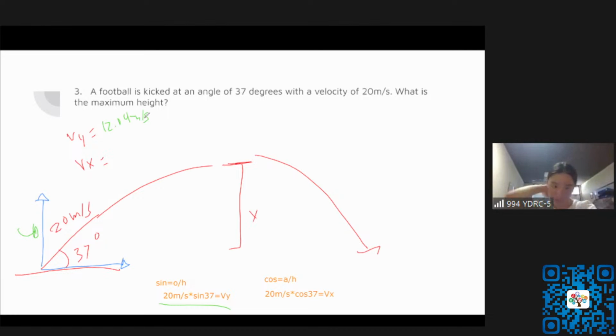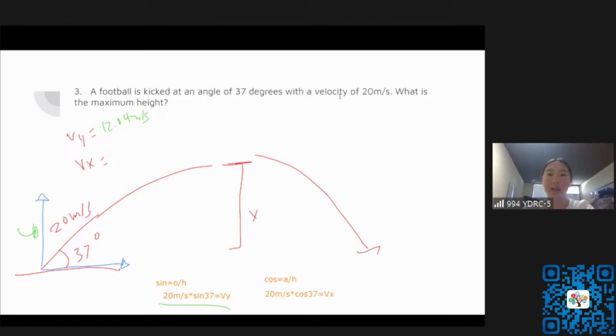So that's our V initial for whatever equation you want to use. And what is the velocity at maximum height? Just type it into chat. I'm trying to drill this into your heads. Aaron, that's correct.